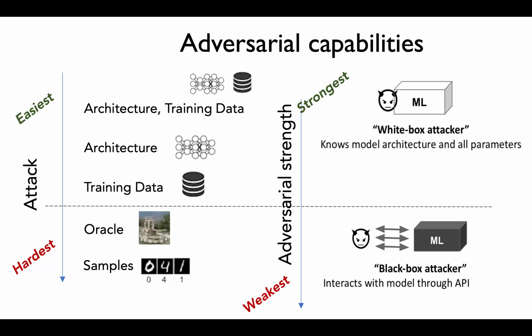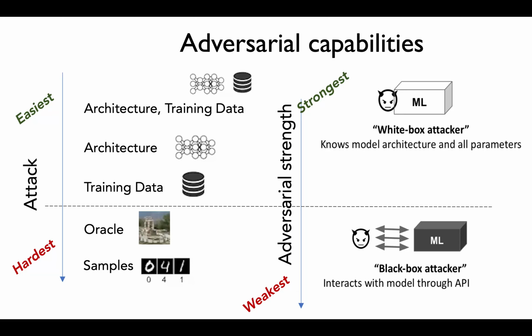We also see on the right hand side, white box attackers are typically easier for the attacker, whereas the black box attacker assumes less, and it is a more difficult assumption. So when you're attacking, we typically make fewer assumptions about the knowledge and we assume a black box attack.